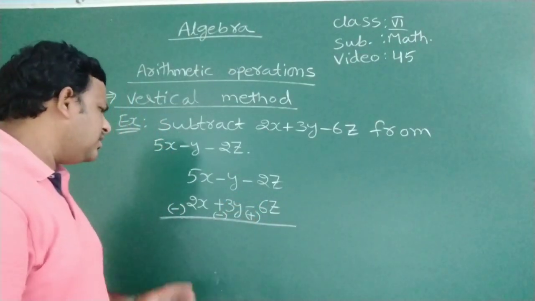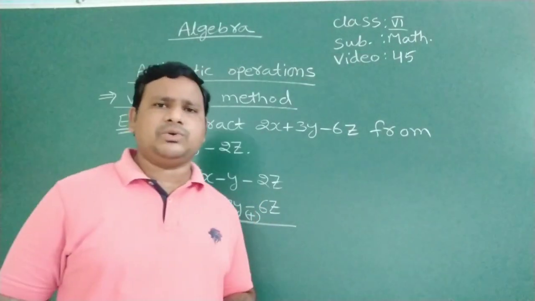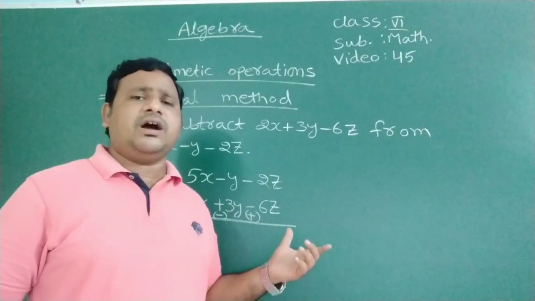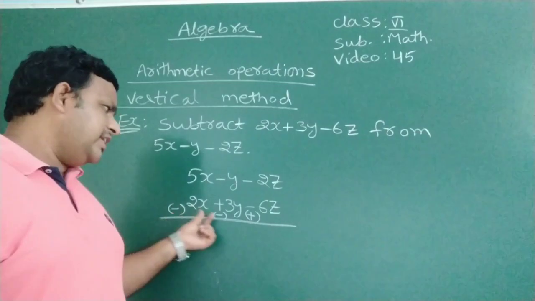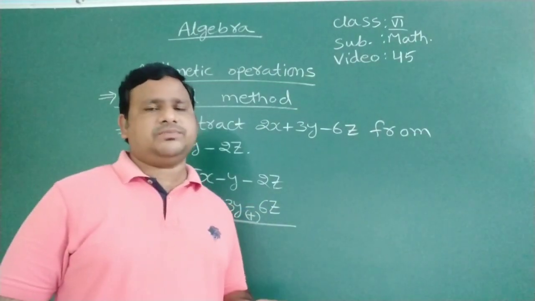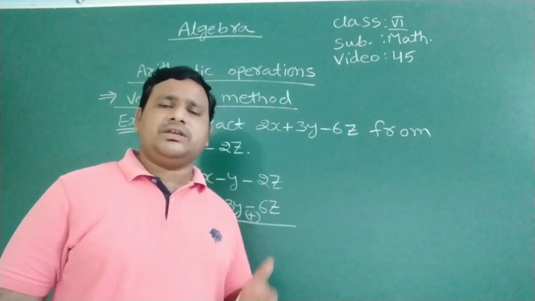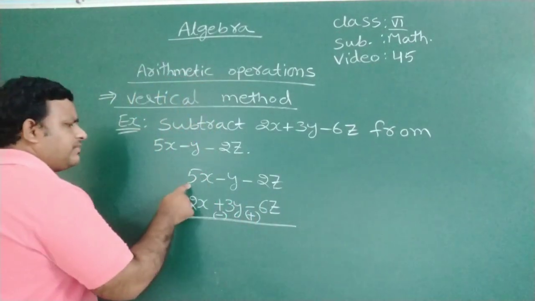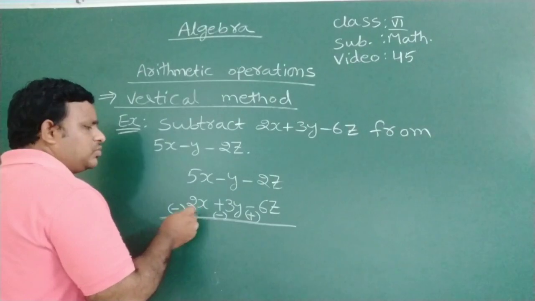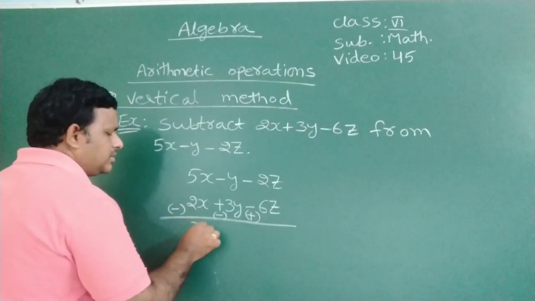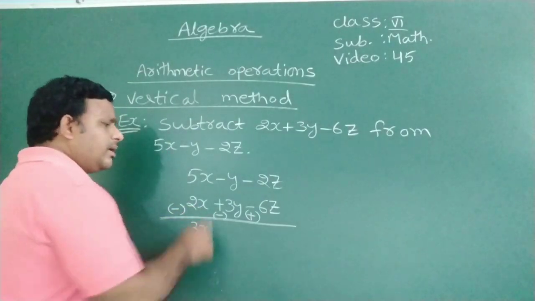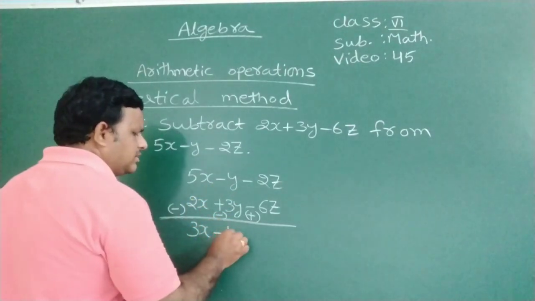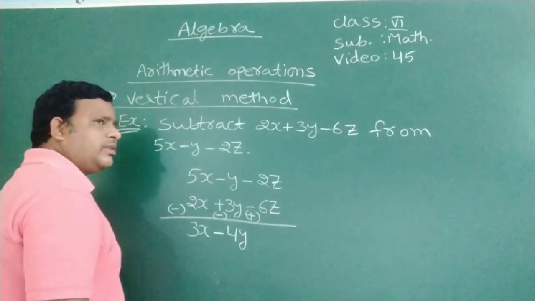So this is the first thing that we have to do. The expression we write as it is. After that, we change the signs of the terms. After changing the signs, those new signs should be considered. Now plus 5x minus 2x becomes 3x. Minus 1y minus 3y becomes minus 4y.